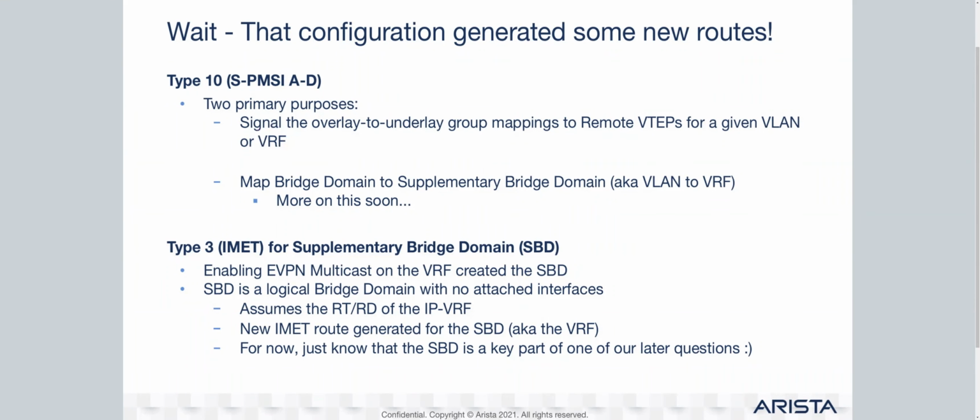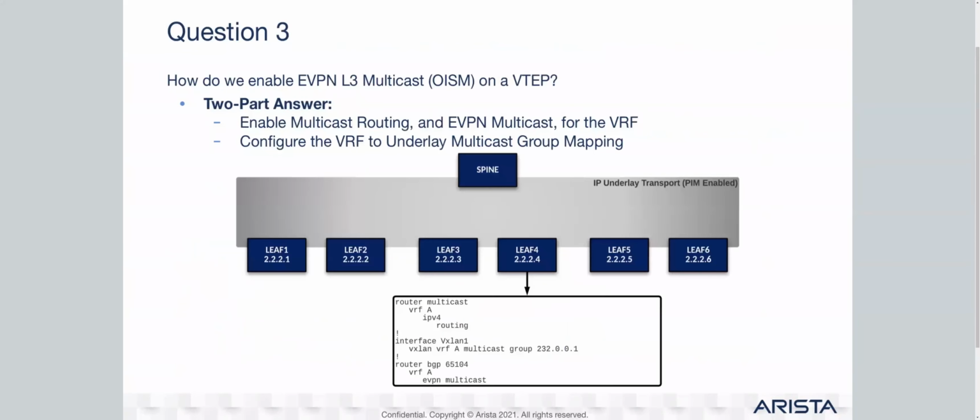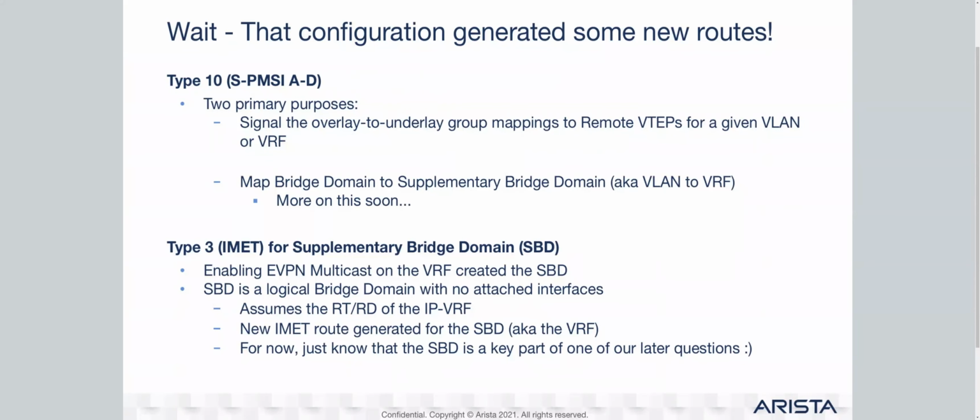It's basically saying, hey, just so everyone knows, when I send traffic out into the EVPN domain, into the PIM underlay, if it's an overlay multicast feed in VRF-A, I'm going to send to this group. For example, this group that we mapped on leaf 4 to VRF-A. So the type 10 route is used to communicate these mappings amongst the VTEPs, and we'll see how this is used in a minute.